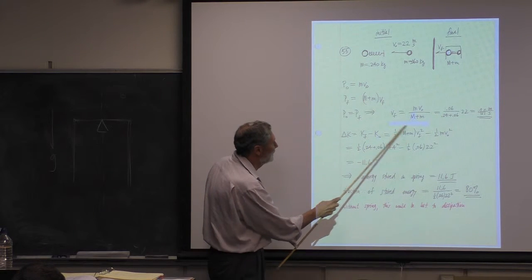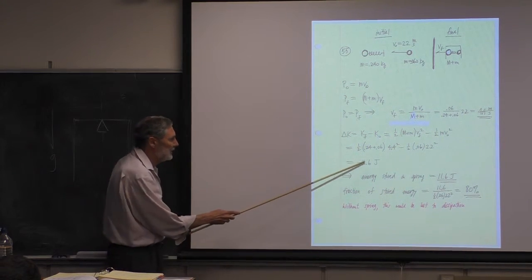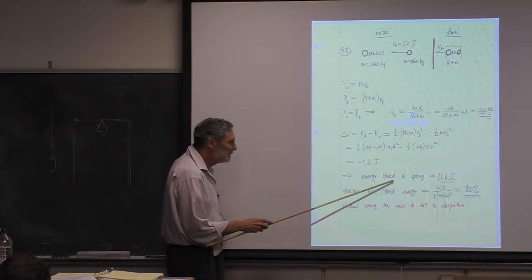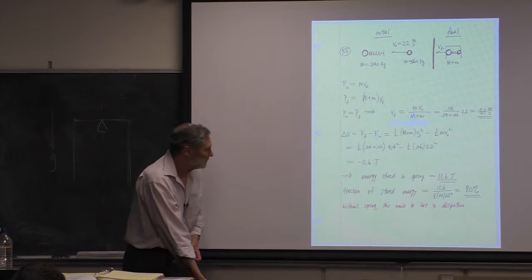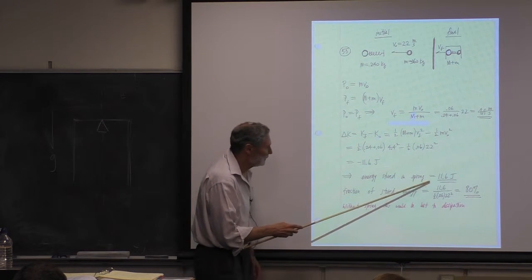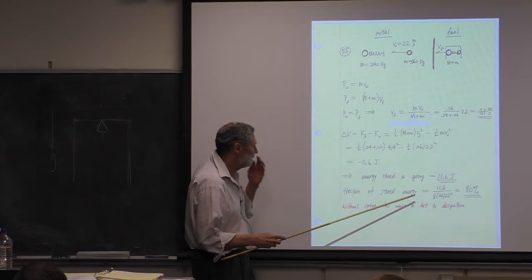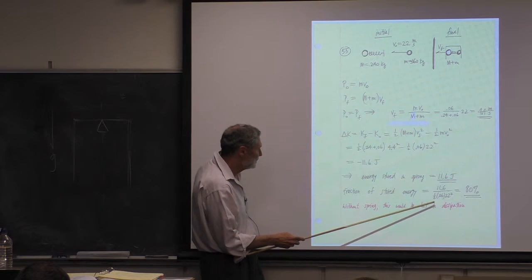Here's the final kinetic energy. Here's the initial. Plug the numbers in, and we get that the kinetic energy goes down by this amount. By mechanical energy conservation, the identical amount of energy has to be stored in the spring. The fraction of the stored energy, which you're also asked for here, is the energy in the spring divided by the initial energy.